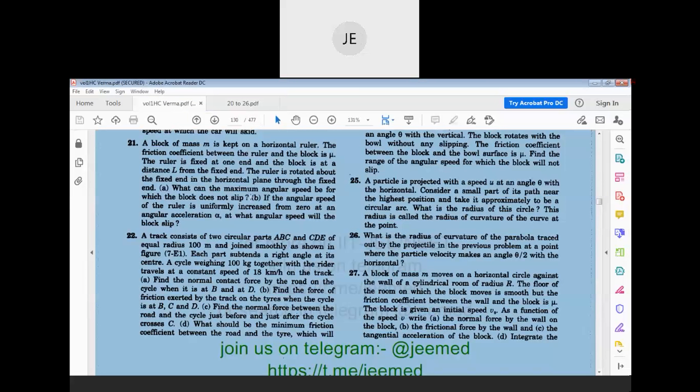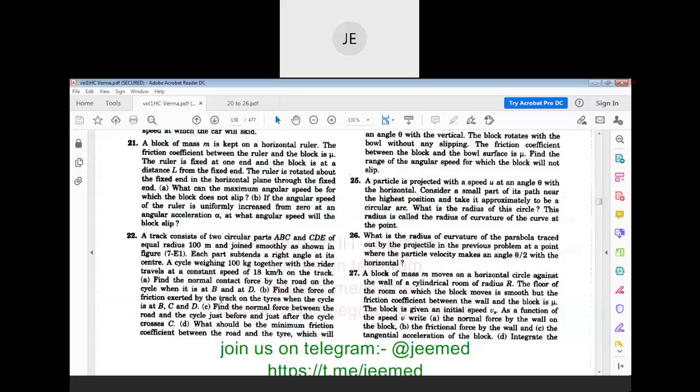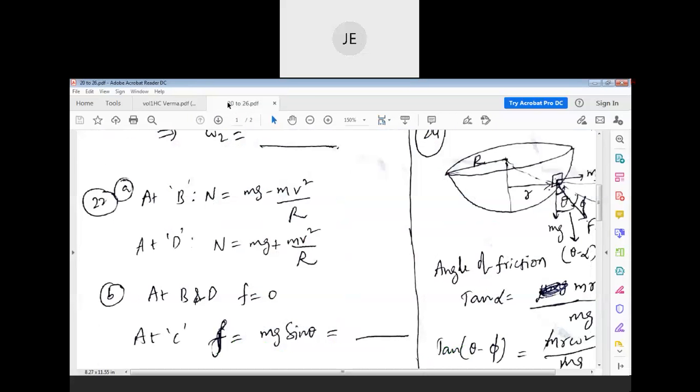So at B and D, use these expressions and you will get the answer. This is 975 newtons, and this is 1000 at D? I'm just substituting.